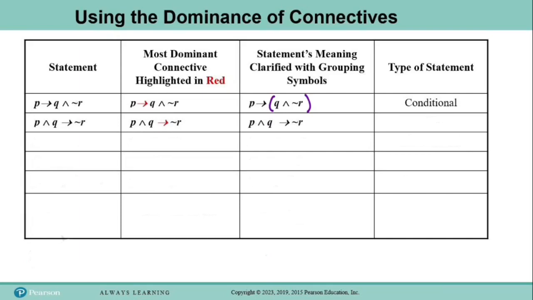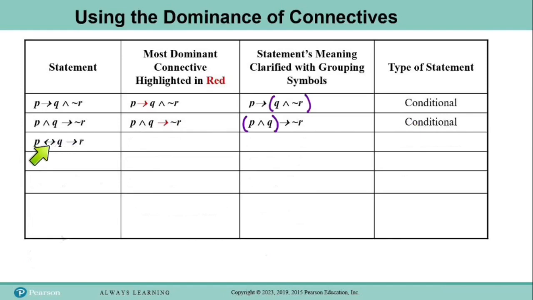So when we go to the next column, what we're going to do is put the P and Q part in parentheses, and now we know how this statement should go. It would be if P and Q, comma, then not R. And again, because the conditional is the most dominant connective, this is a conditional type of statement.